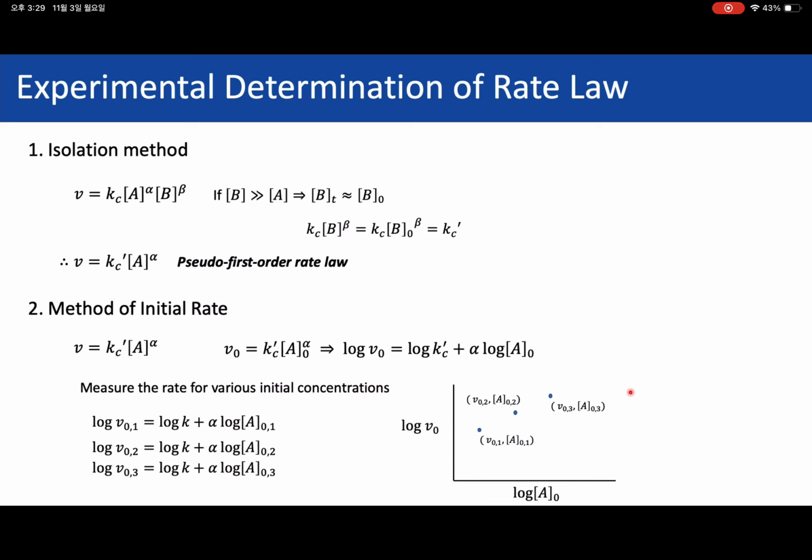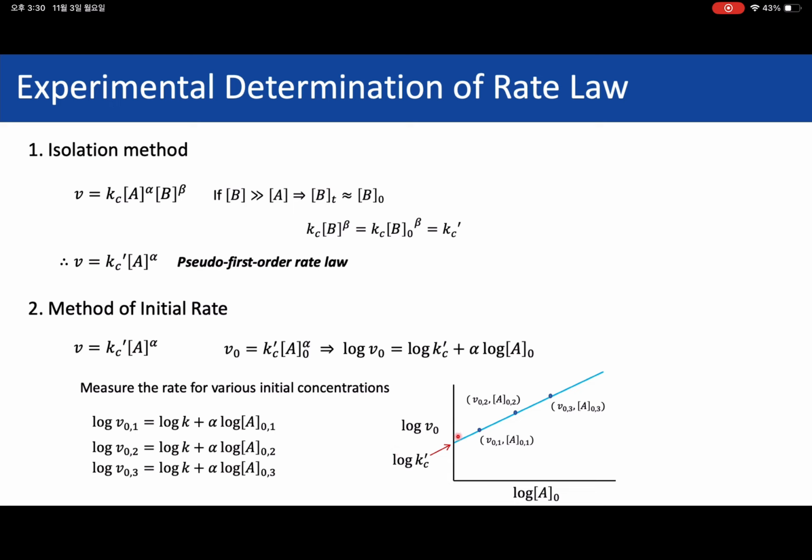And then we can draw the line going through those three data points. If we see this equation, the intercept with the y-axis corresponds to log Kc prime. So the intercept of this line corresponds to the rate constant.